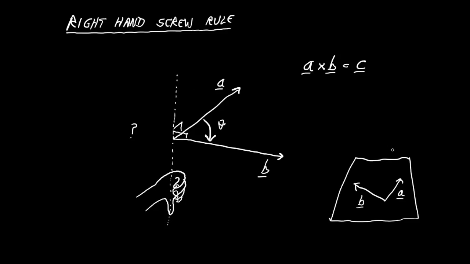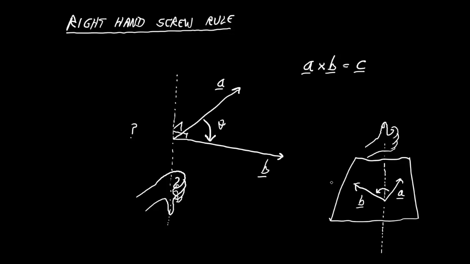Here's a and b again. I've drawn these lying in a plane, so I'm now trying to draw a line that's perpendicular to that plane. Vector c must lie in one direction or the other along this line. What do we do? We draw on the angle. We now take our right hand and we imagine gripping that line we've just drawn in such a way that our fingers curl in the direction in which the angle is increasing.